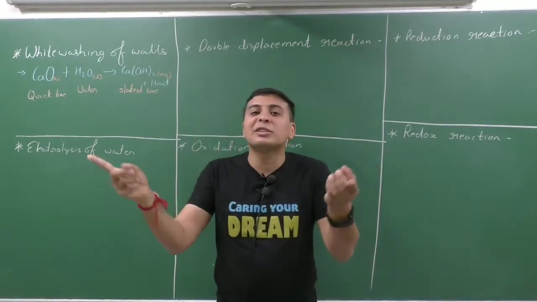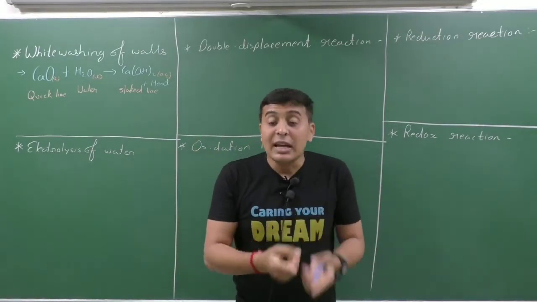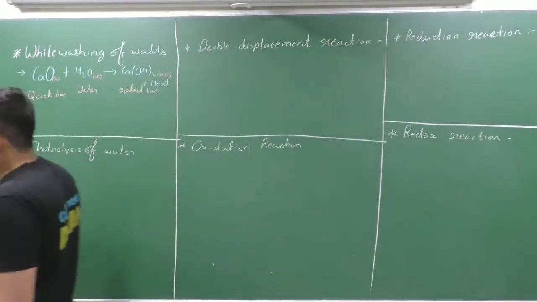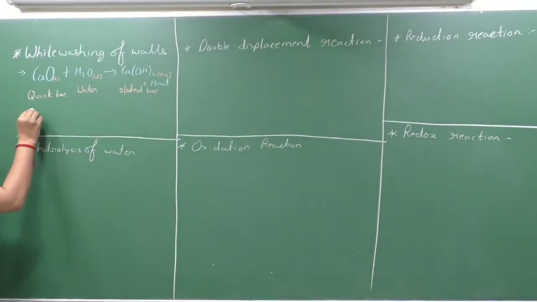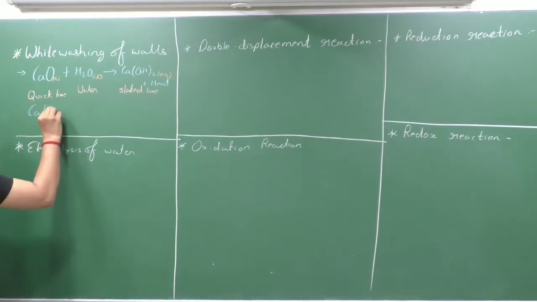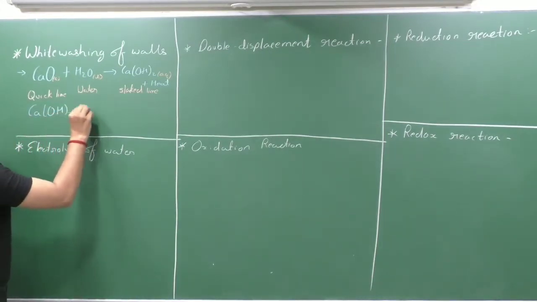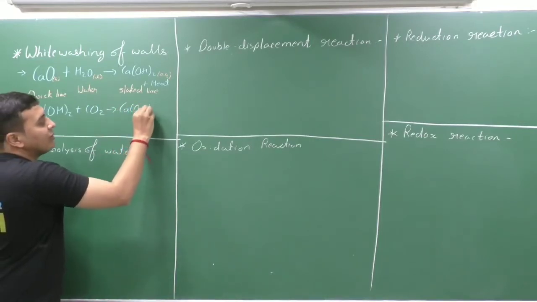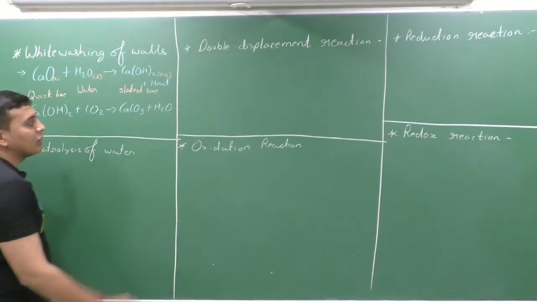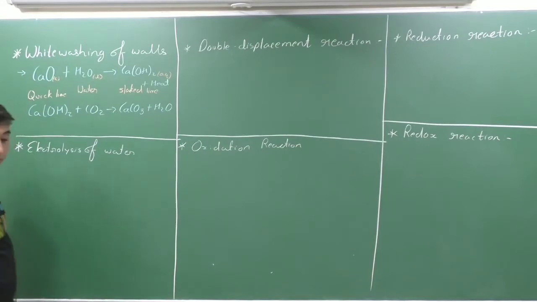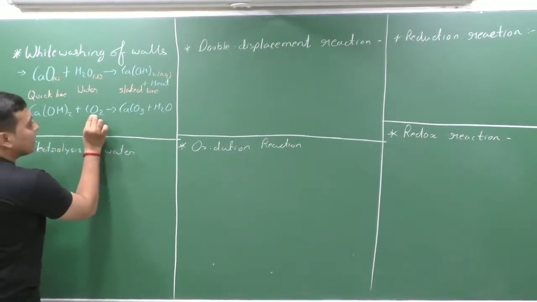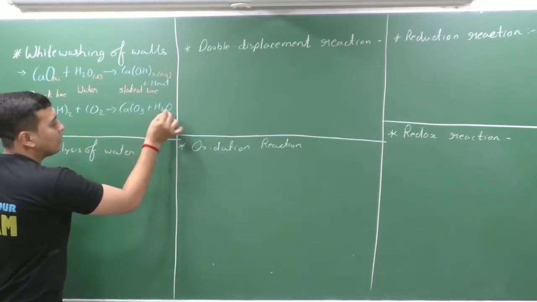It means carbon dioxide is present in the air, and that carbon dioxide reacts with the calcium hydroxide and forms calcium carbonate with release of water. Clear? Getting it? Here calcium hydroxide reacts with carbon dioxide and forms calcium carbonate plus water.